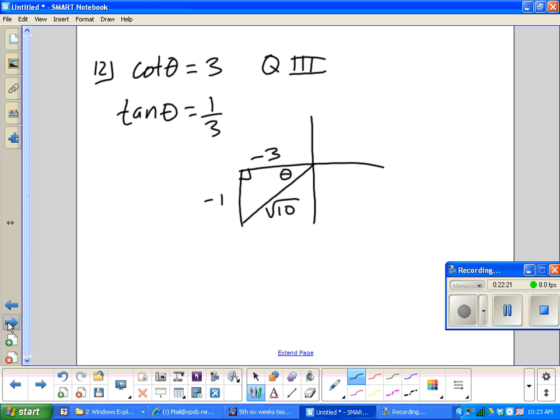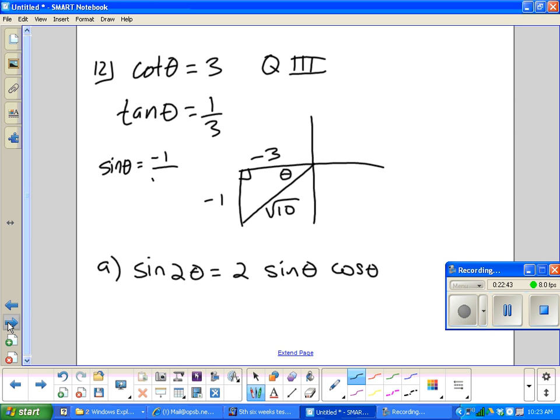Now let's find our double angles. Sine of 2 theta is equal to 2 sine theta cosine theta. Write out the sine and cosine theta up here. Sine theta, opposite over hypotenuse, would be -1 over square root of 10.